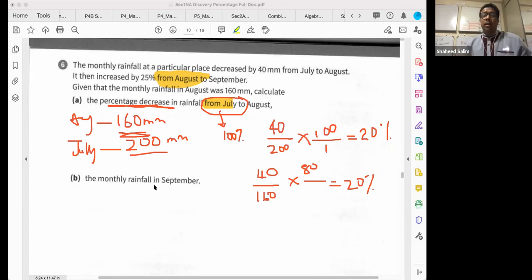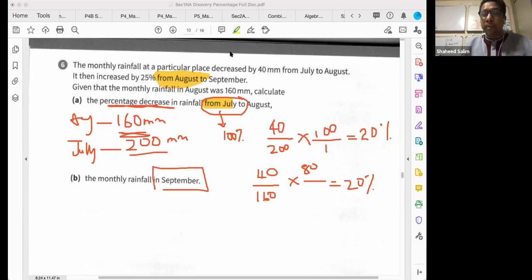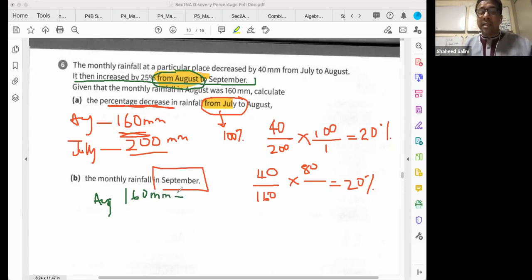So understand this method. What's the monthly rainfall in September? Now you must remember, girls and boys, the 100% now changes. Look at this now, they tell you now, 100% changes. Now what is 100%? August. And then September, 125%, why increase? So now August is 100%. August is how much? They tell you it's 160 mm. This, remember now, is 100%. Say why? It was 80% before, now 100%. Yes, depends on the sentence, I say.